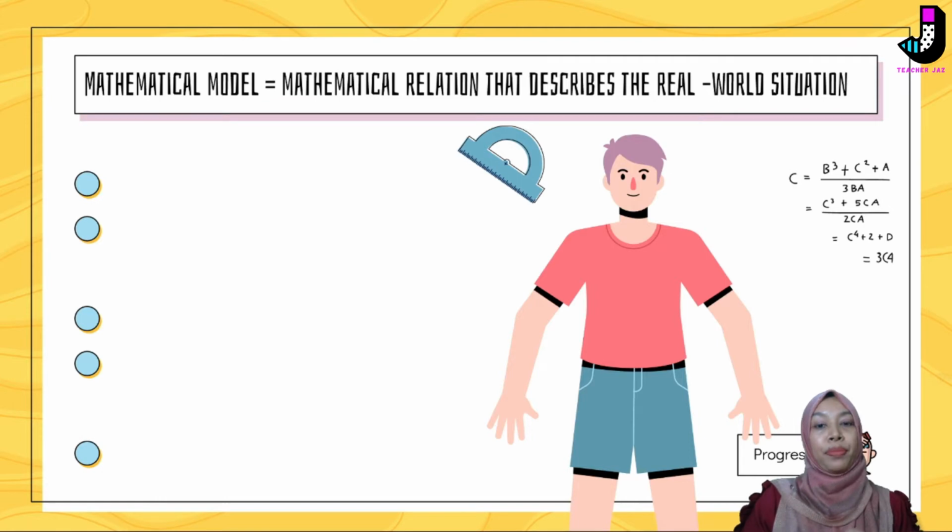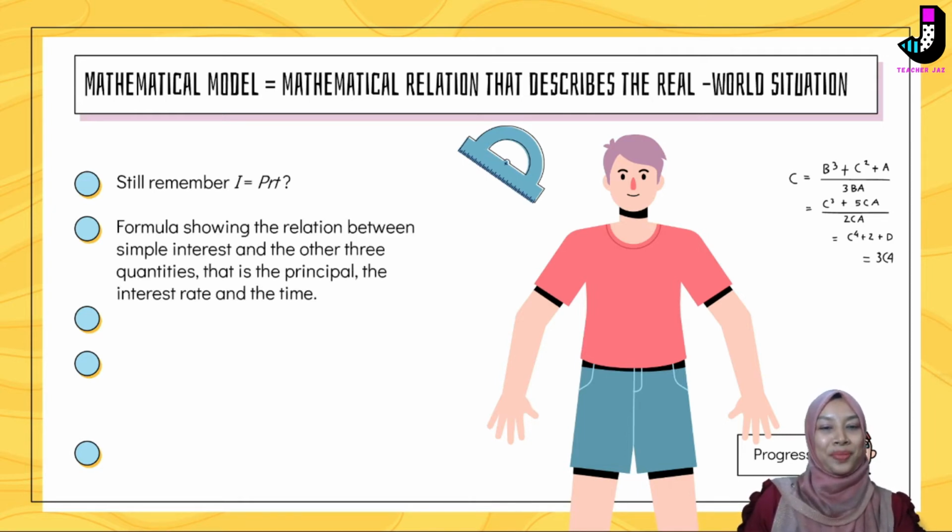So actually, a mathematical model is a mathematical relation that describes a real world situation. For example, do you still remember I equals PRT?